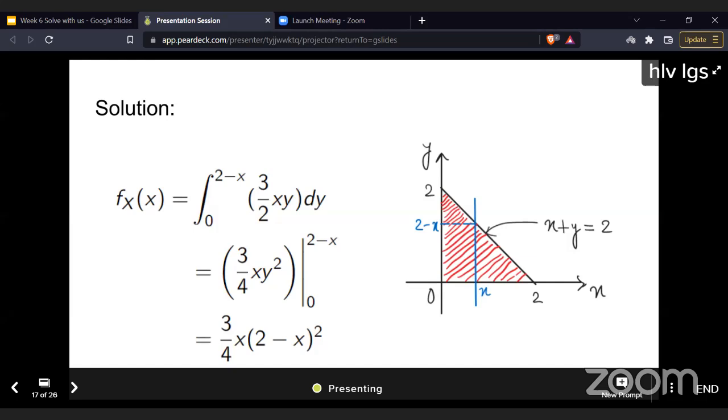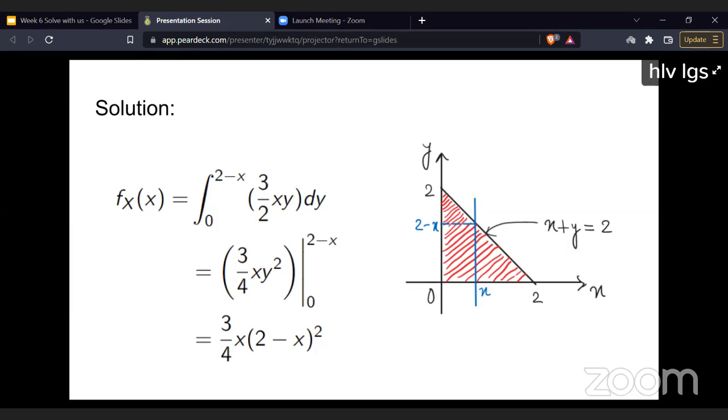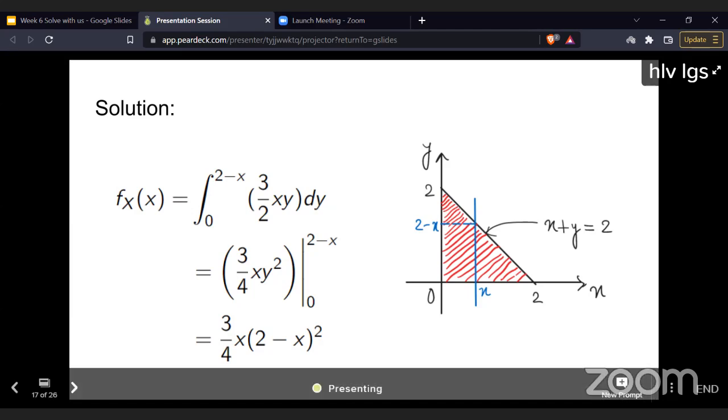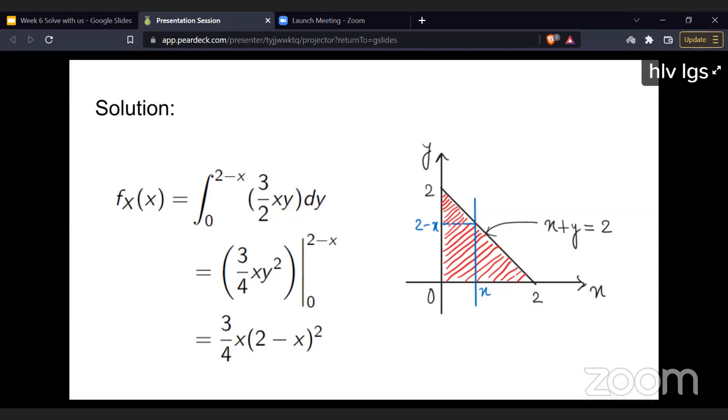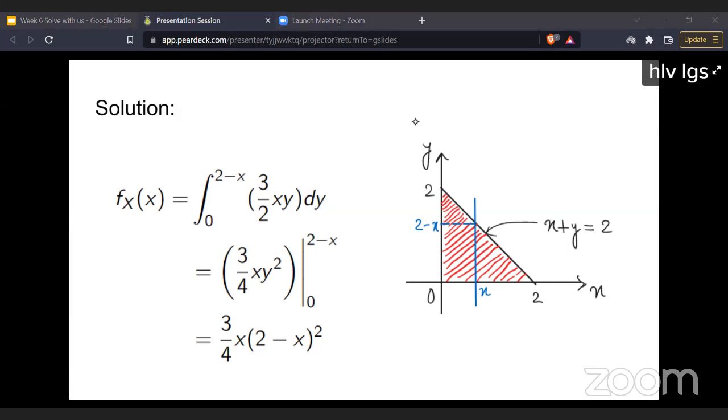Just substitute the limit of y over here. 3/4 x remains the same, and you will get (2 minus x) whole squared minus 0. So 3/4 x (2 minus x) whole squared. This is what you get as the marginal density of x. Is it clear?